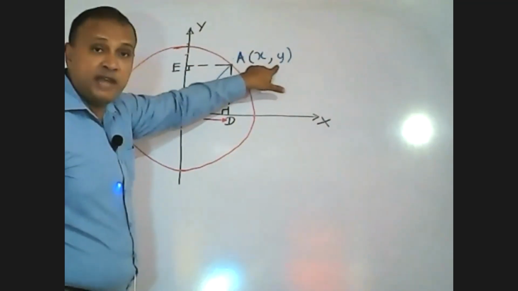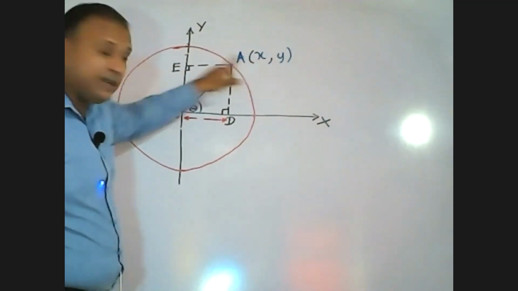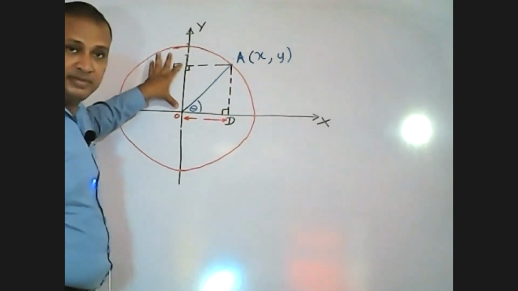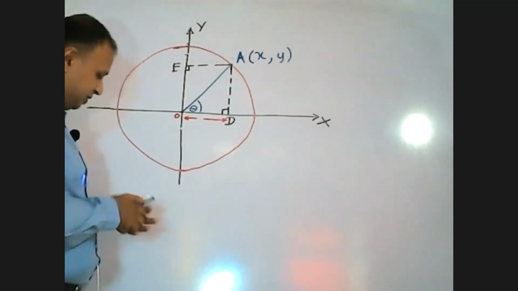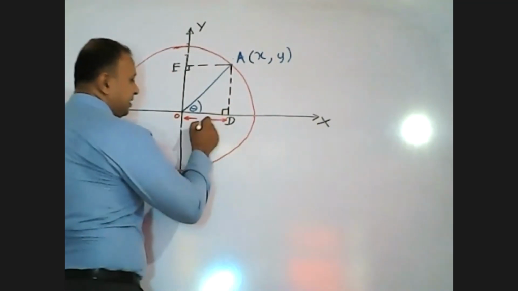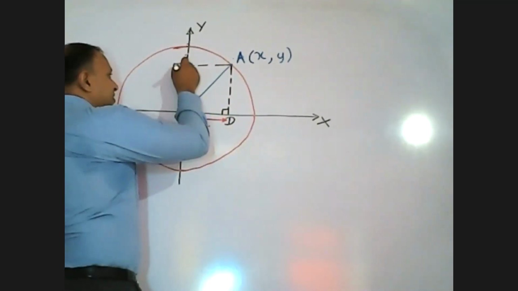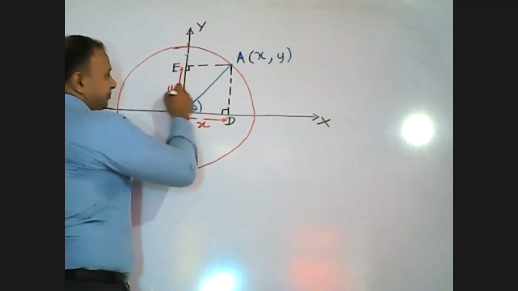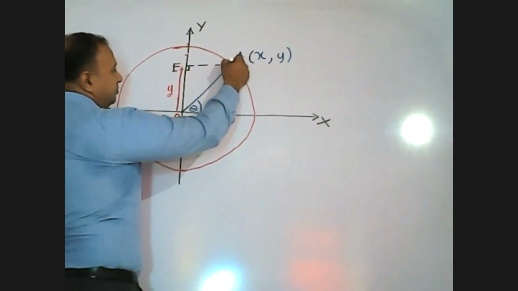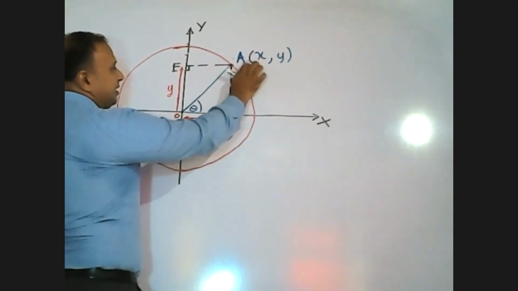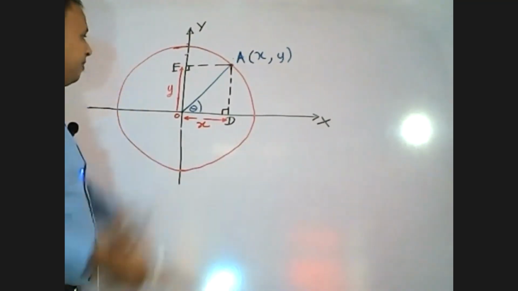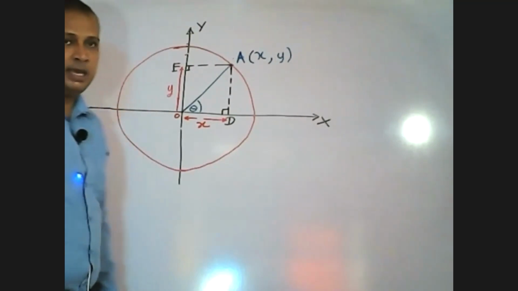The y coordinate of this point is y. That means this height should be equal to y.